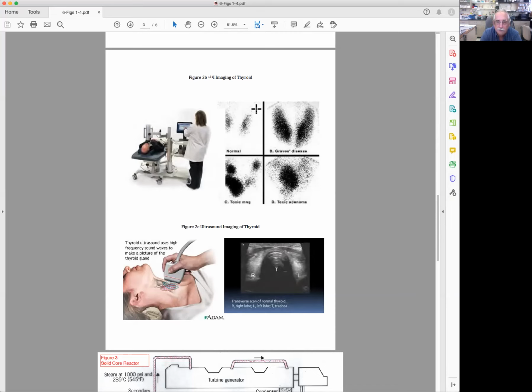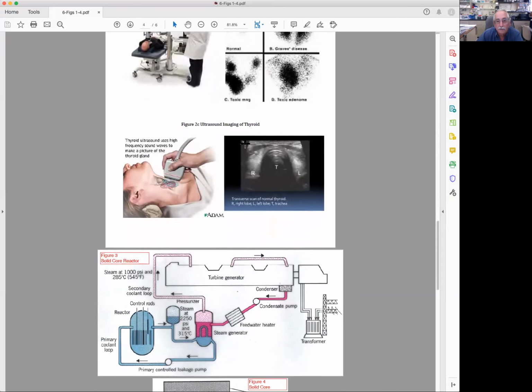So if you give this person radioactive iodine, it will go to its thyroid gland, and when it gives off the beta radiation, it can be detected. So here's what a normal thyroid reading should look like. Here's Graves' disease, where it's making too much thyroxine. Here's some other bad situations, but it's supposed to look like this.